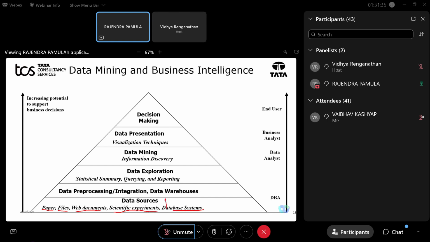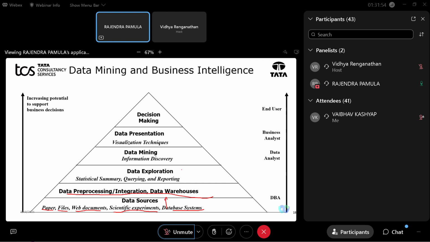And there we move to data pre-processing. They are well represented, or they have a certain grammar. How this grammar is used to understand the data is done here in pre-processing, the data warehouse.